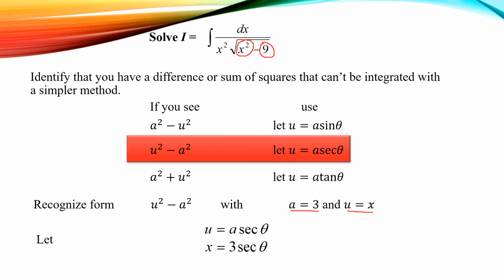If we replace x with 3 secant theta, that will get rid of the x here and here, but it does not get rid of the differential in the numerator, dx. So we need to have the differential of this substitution. If x is 3 secant theta, the differential of that statement is 3 secant theta tan theta d theta. So that's what's going to be substituted into this integral.